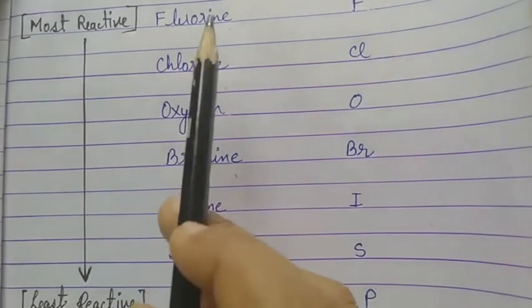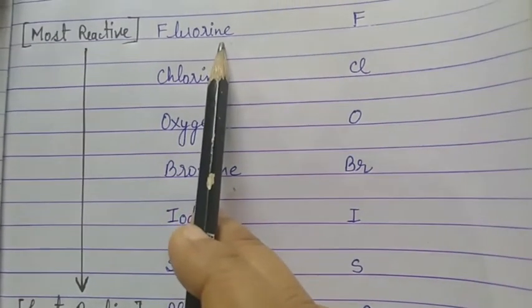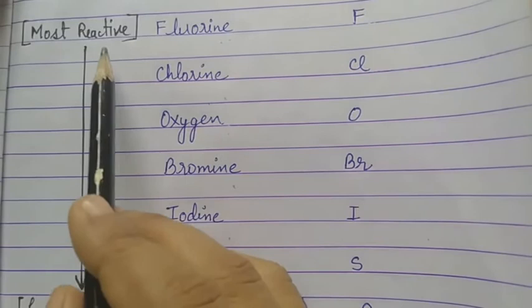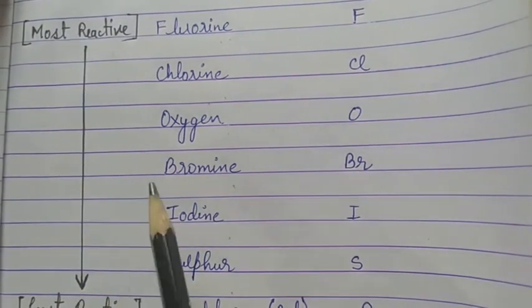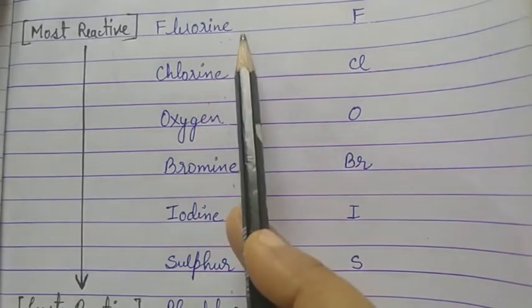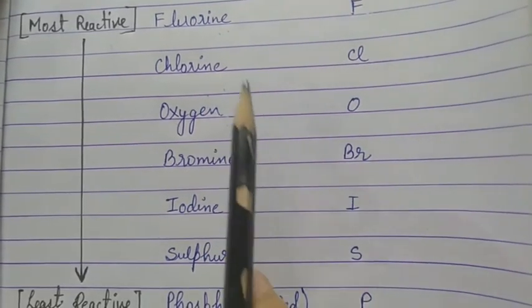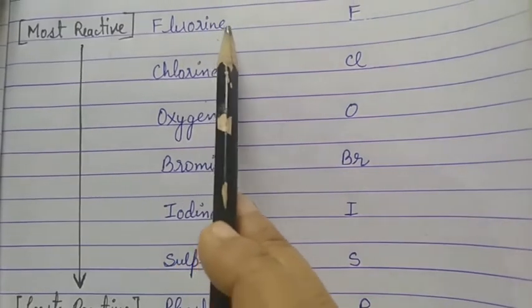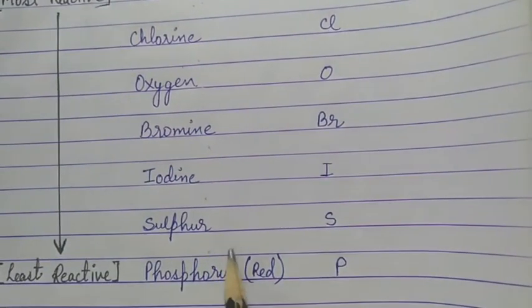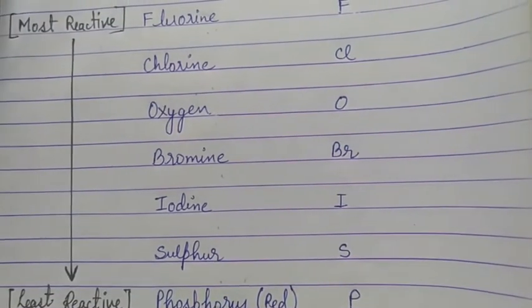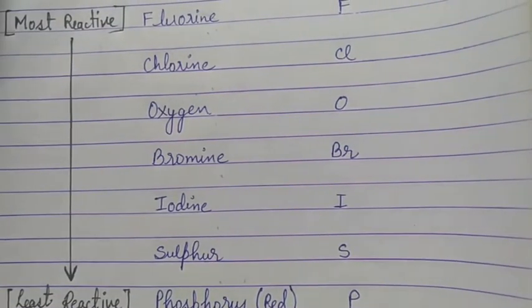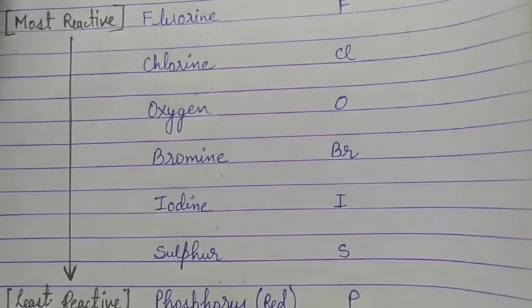Fluorine is the most reactive, then chlorine. As we move from top to down, as in the reactivity series of metals, the reactivity decreases. So on the basis of this table, let's understand how this displacement reaction takes place.